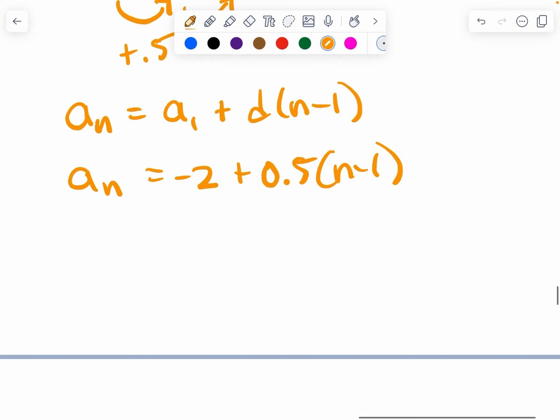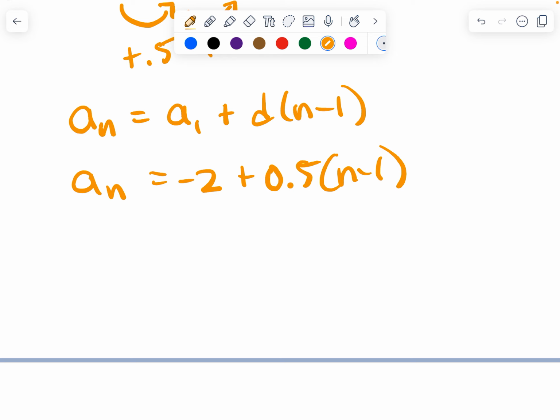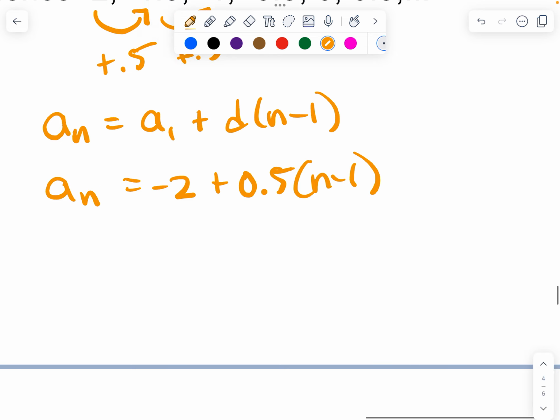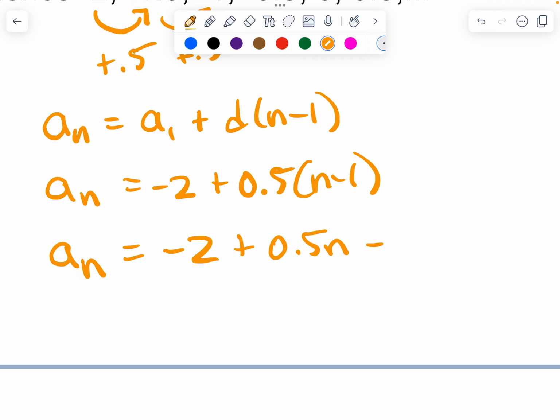Now, if we were just leaving it in this form, that's perfectly fine. I would say simplify it. So a sub n equals -2.5 plus 0.5n.